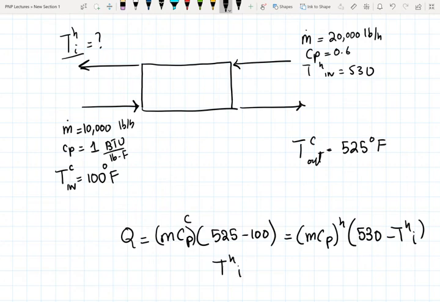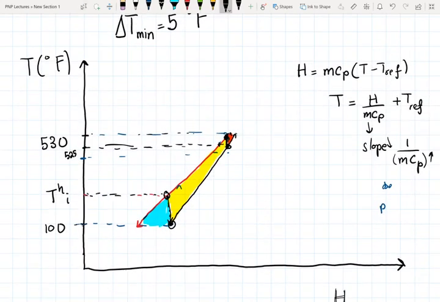And the outlet temperature comes out to be 175.83 Fahrenheit. So this temperature right here is equal to 175.83 Fahrenheit.